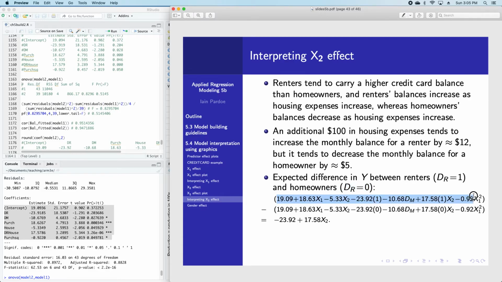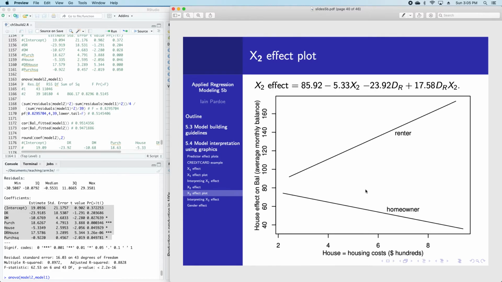I've got my two equations, and then I'm just taking the difference between them. A lot of these pieces just cancel out. For example, this piece cancels out, this piece cancels out, and so on. And I'm left with just this function of x2. And so that represents the vertical difference between these two lines.